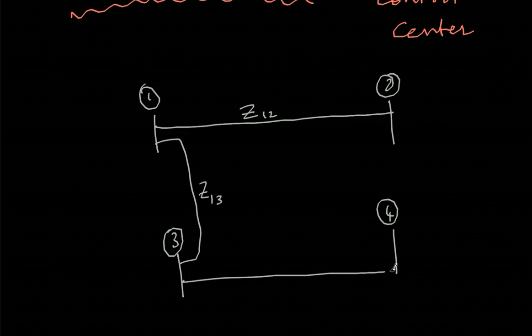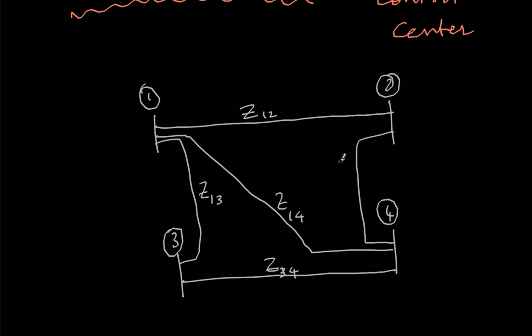Similarly, I have another line, Z34, and another line connecting Z14, and then finally one more line connecting these two, which we call Z24. So what I have done is identify four bus bars, or four buses, or four nodes, 1, 2, 3 and 4, and they are connected like this.